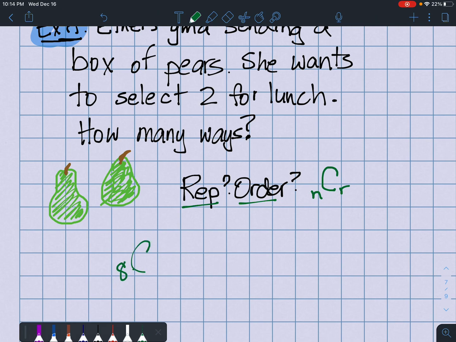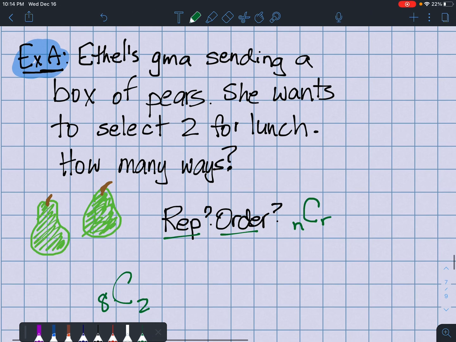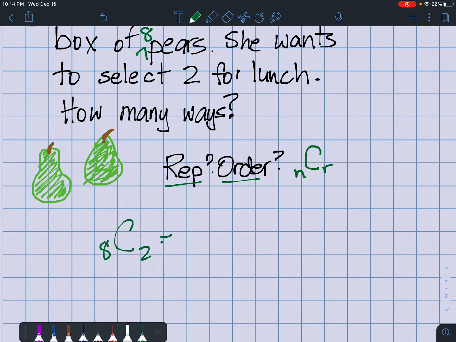8 choose 2. Okay. I guess we didn't know how many pears there were. There was supposed to be 8 pears in the problem. Sorry about that. Forgot that critical number. So 8 choose 2. 8 factorial over 8 minus 2, which is 6 factorial, times 2 factorial. And this is going to be 8 times 7 times 6 times 5 all the way down, right?